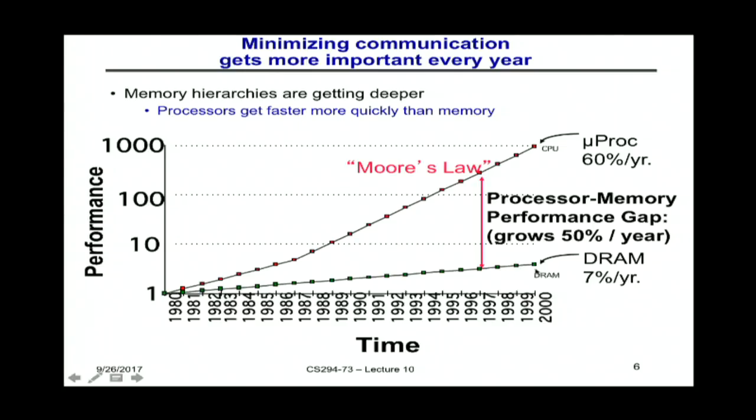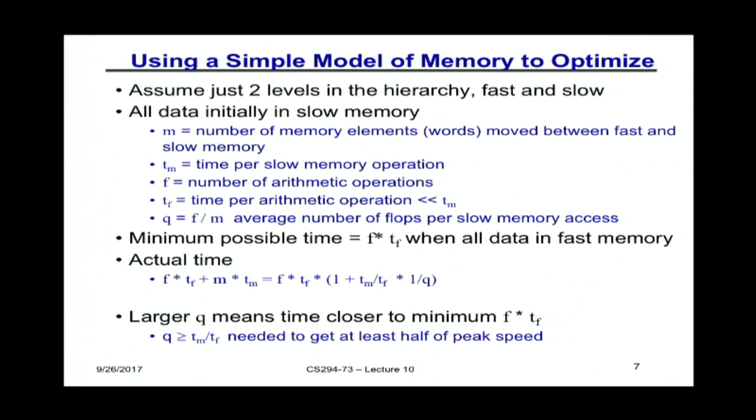Its performance grows only about 7% per year in the historical data here. So you can see the gap is getting bigger, which is really bad news. If you just focus on floating point operations and don't try to avoid memory access, avoid communication, then the algorithm will be relatively slow on newer machines.